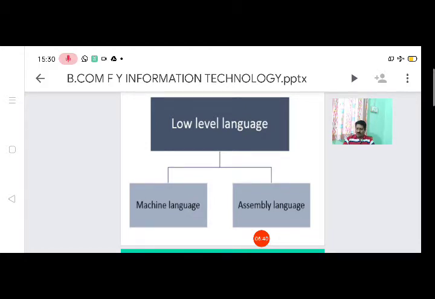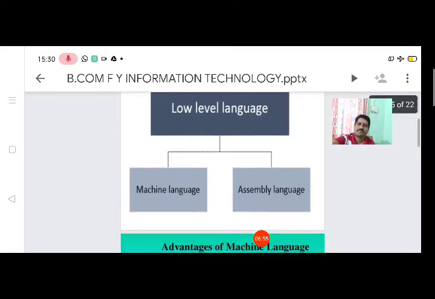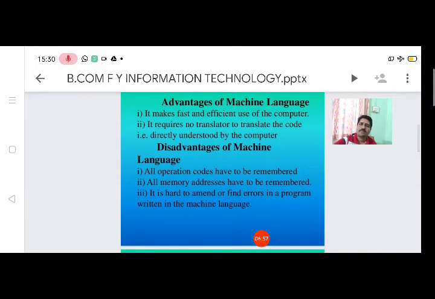Low-level language is also divided into two parts: machine language and assembly language. First, machine language. A machine language is directly interpreted by the machine.